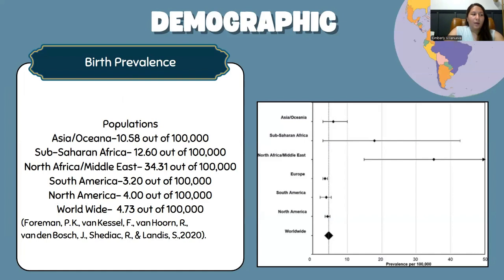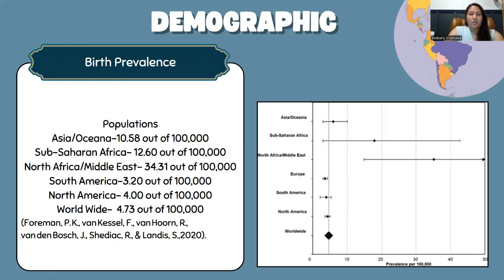In terms of demographics, it is defined by the total number of achondroplasia cases in a predefined population divided by the size of that population and multiplied by 100,000. Asia and Oceania, with 10.58 out of 100,000 births diagnosed with achondroplasia.